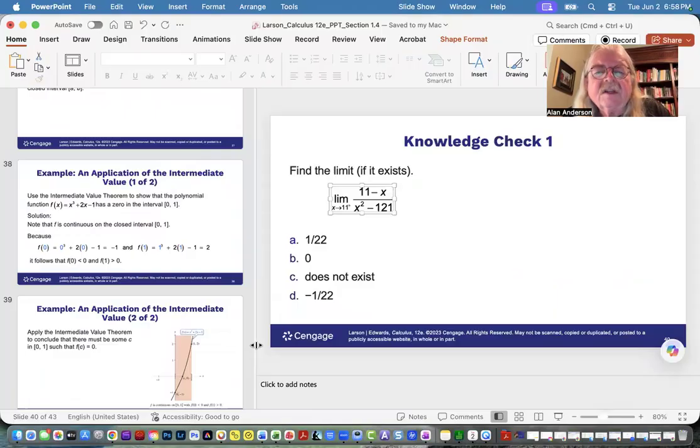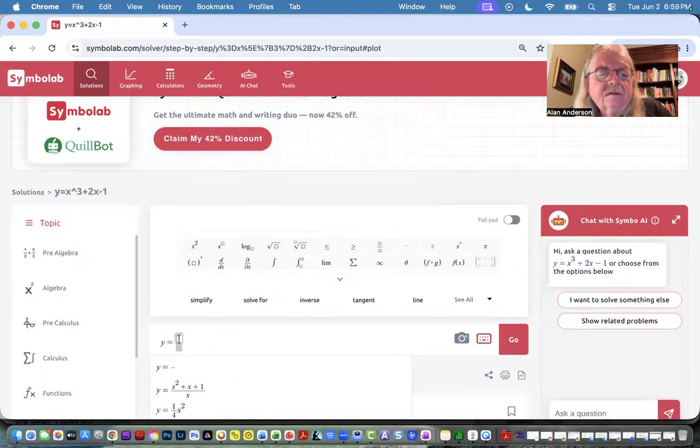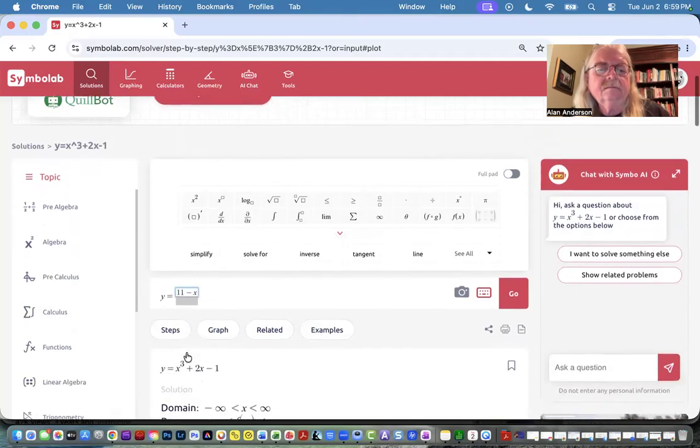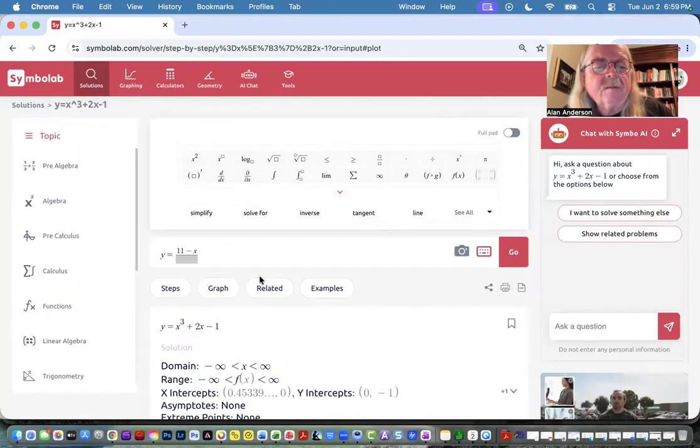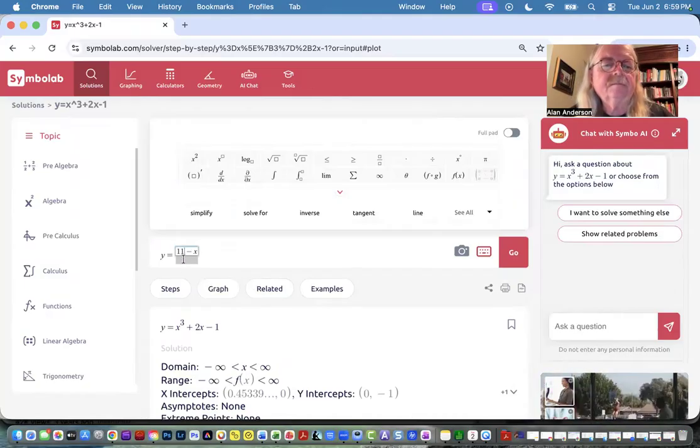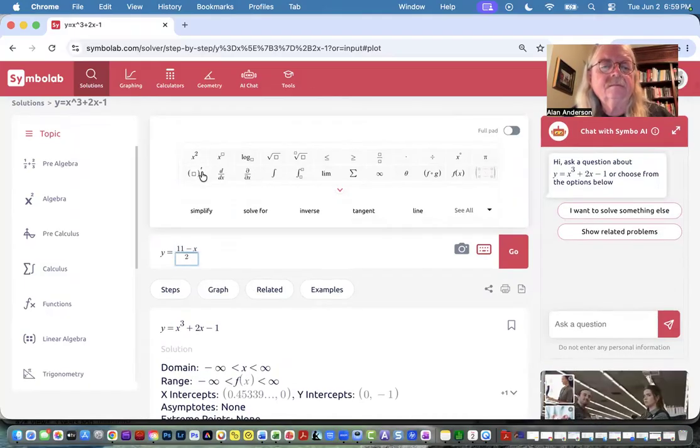What is it again? 11 minus x and x squared minus 121. Oops.